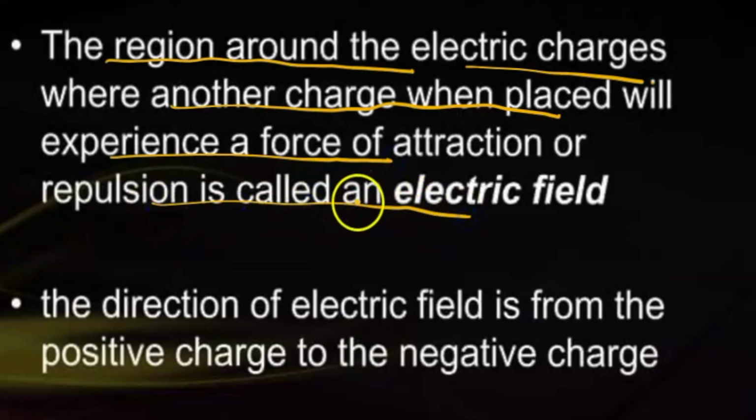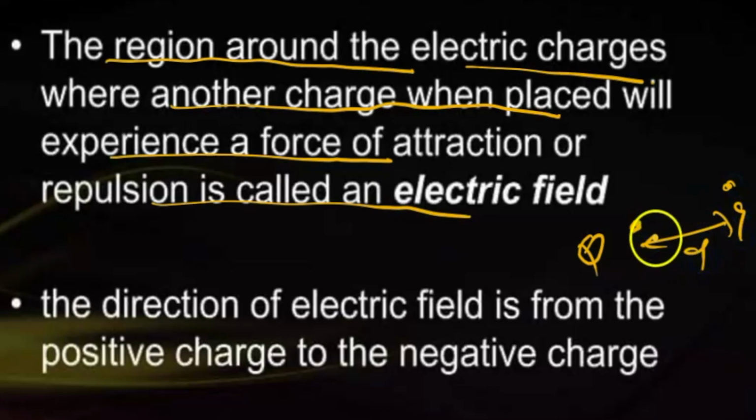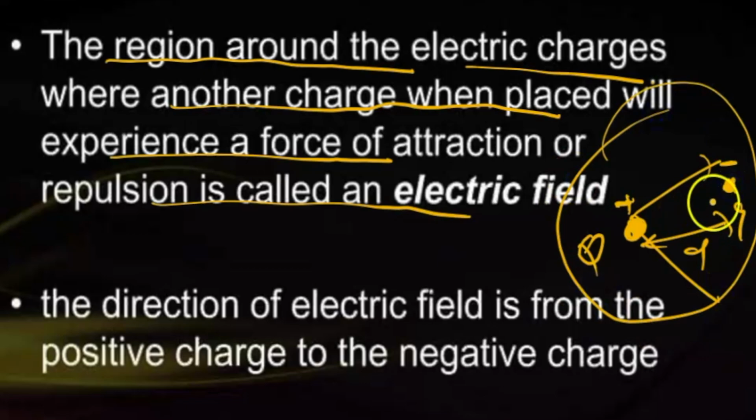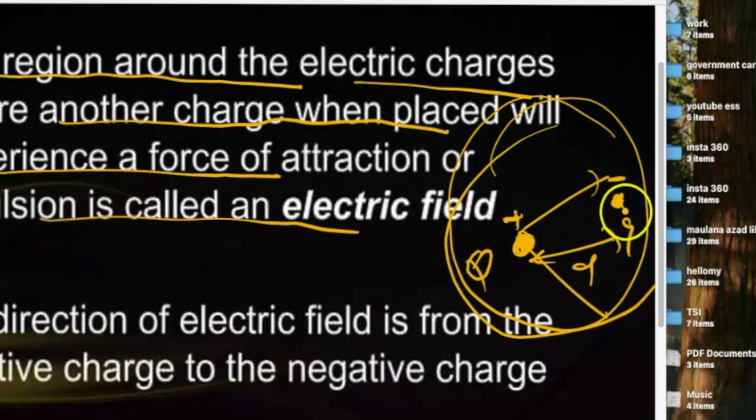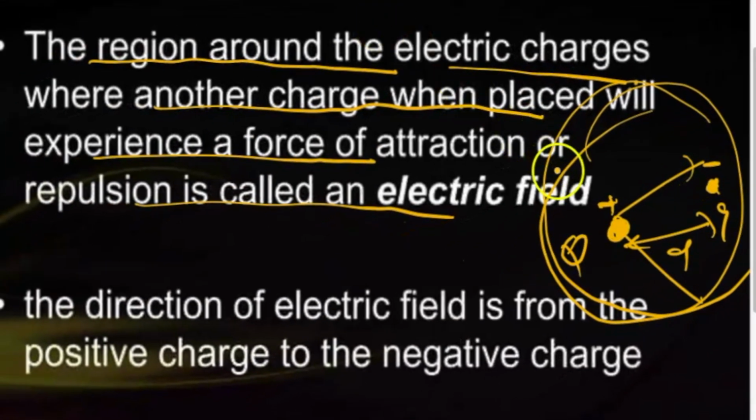So basically, if you have a capital Q charge here, and a small q charge is coming here, let's say at a distance d, then due to this charge, let's say this is positive charge and this is negative charge, this produces the electric field in this region, and the other charge will experience a force due to this charge. That region up to where the charge is facing the force is called the electric field.